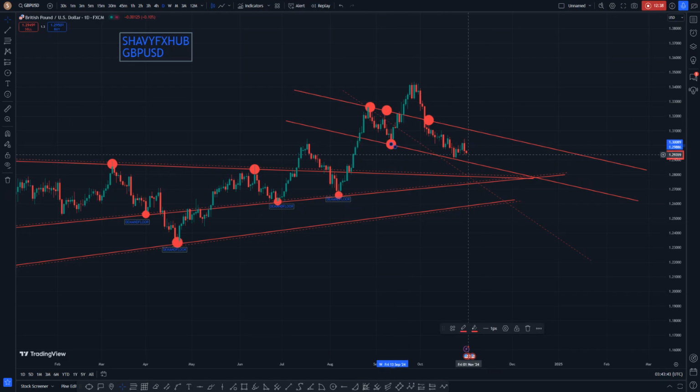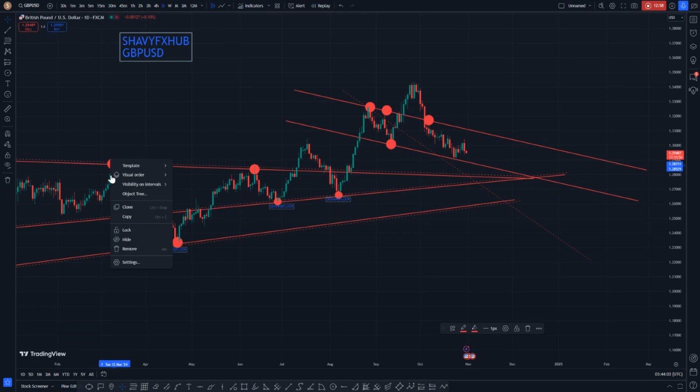So we expect GU to play down once more. The play down once more will align with the support structure with a potential opportunity to see a buy at this level.